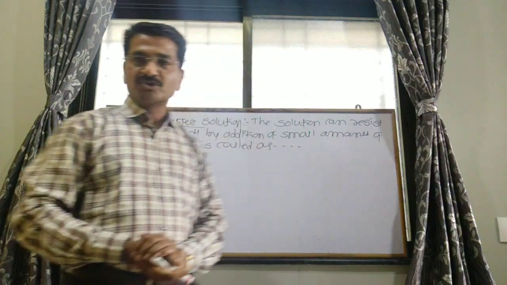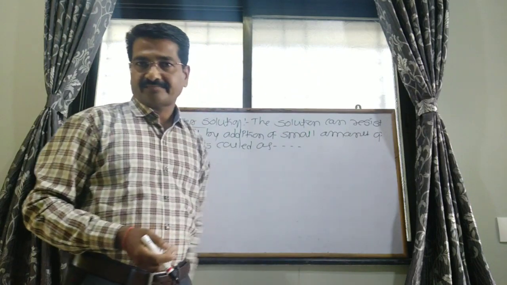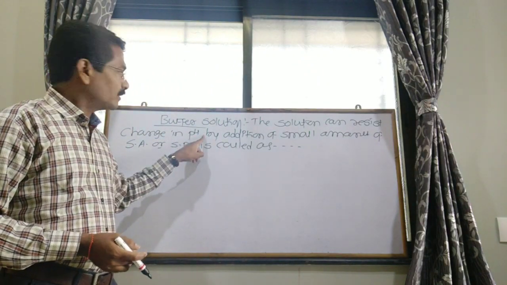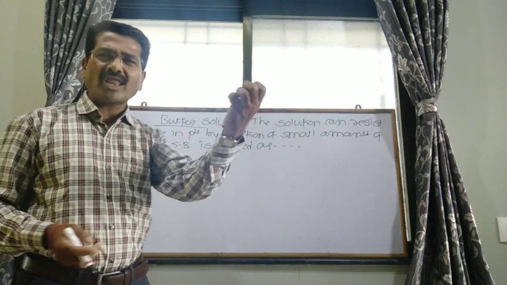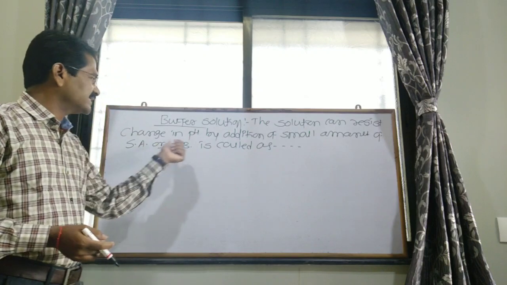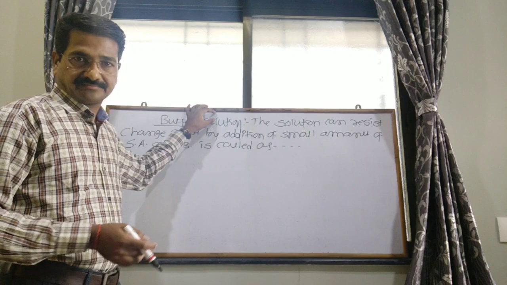Second, the definition of buffer solution: the solution can resist change in pH by addition of a very small amount of strong acid or strong base is called a buffer solution.